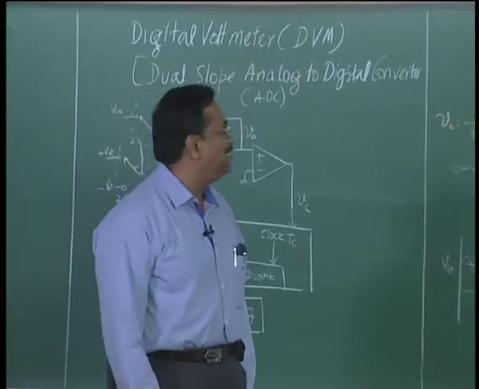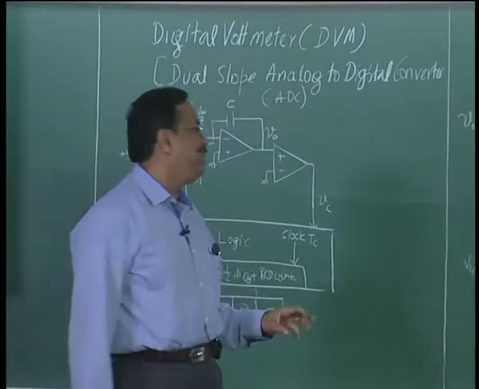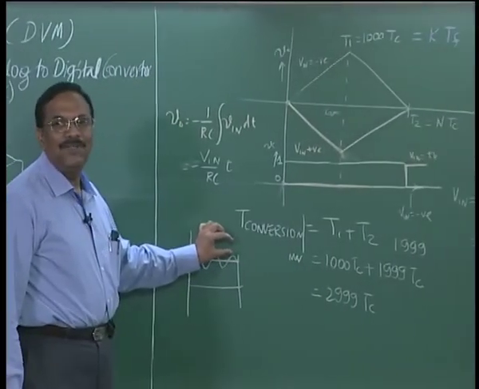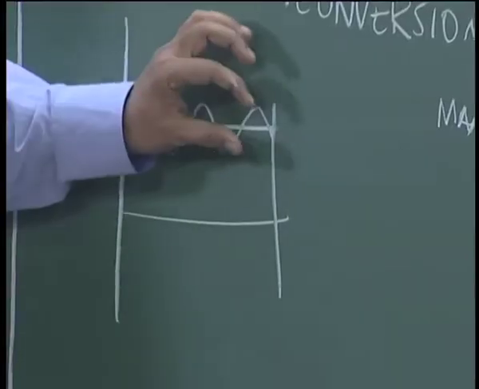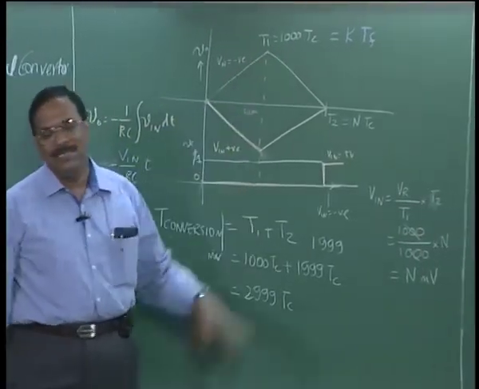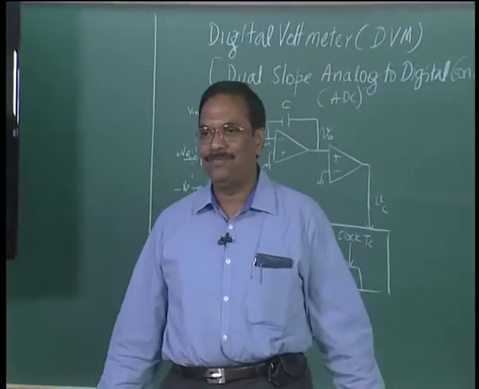So I make T1 not only 1000 times Tc, I also add one more constraint, that it has to be an integral multiple of the power supply period. In that case, even if I have some small power frequency riding on my DC voltage, that would be integrated out at the end of T1, the effect of power frequency would be 0.